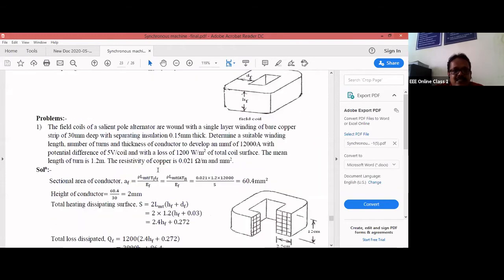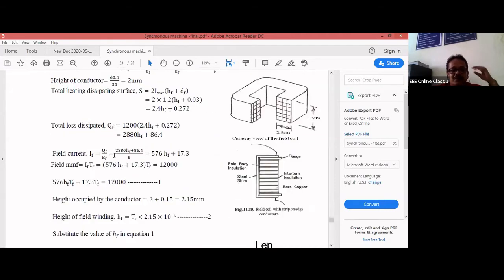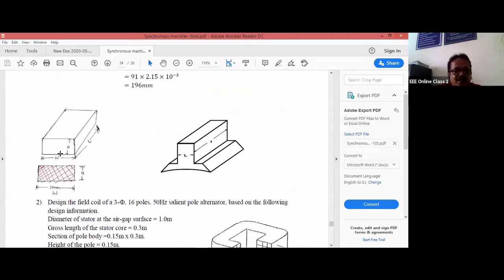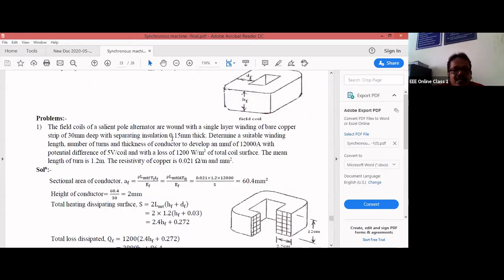It says a single layer winding with a bare copper strip of 30 mm deep. A bare copper strip of 30 mm deep means width will always be larger compared to the height. So width will be 30 mm deep. Okay. And a separating insulation of 0.5 mm thick.